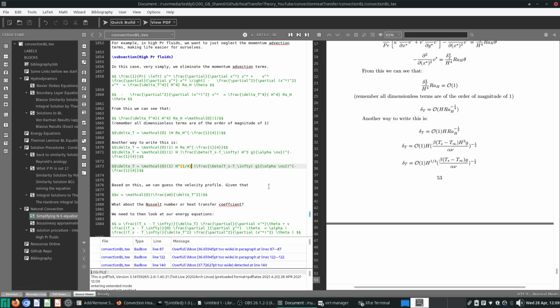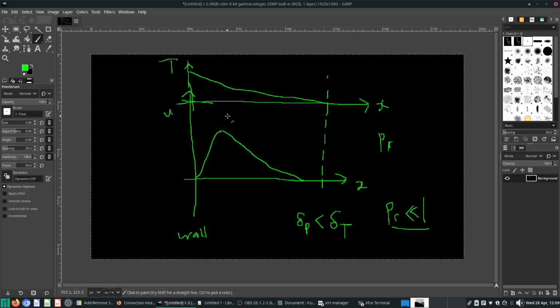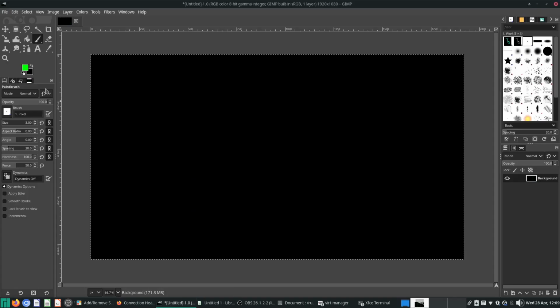Okay, so more or less if we plot that graph out, if we have our wall again, then we have our growing boundary layer.